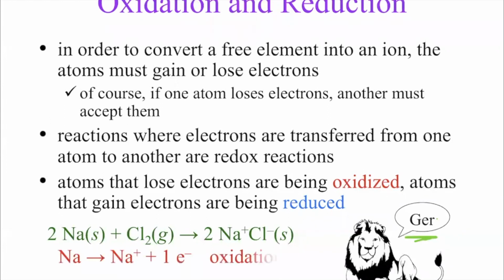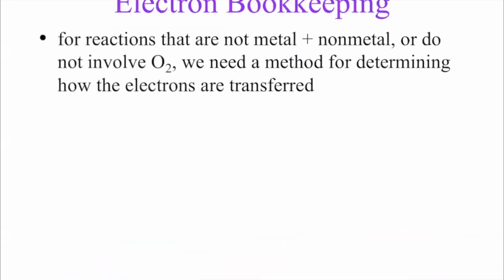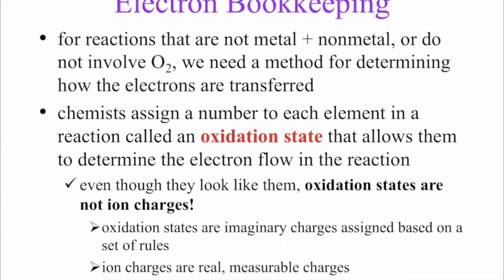Here, for sodium, the charge went up. So that means the sodium got oxidized. For chlorine, the charge went down. That means it got reduced. So in order for us to determine what's oxidized and what's reduced, we need to make sure that we are bookkeeping the electrons, like tracking the electrons. That means we need to assign oxidation states, meaning we need to figure out the charge.